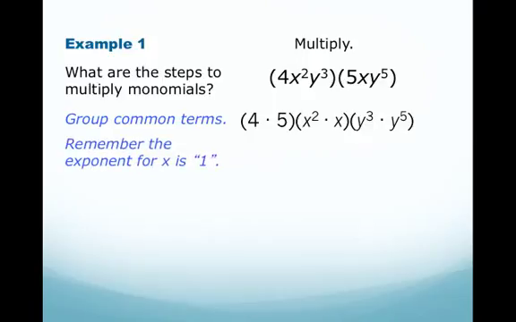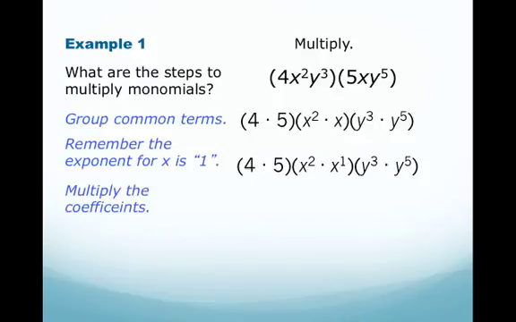Remember that the exponent for the x is 1, so I'm going to rewrite that just so I don't make any silly mistakes. 4 times 5 times x squared times x to the first times y to the third times y to the fifth.